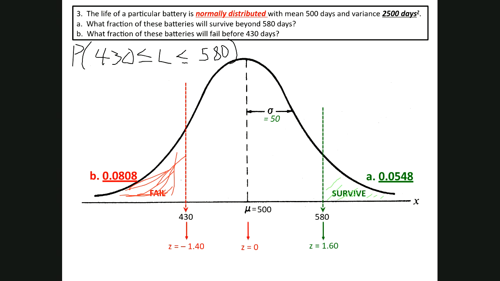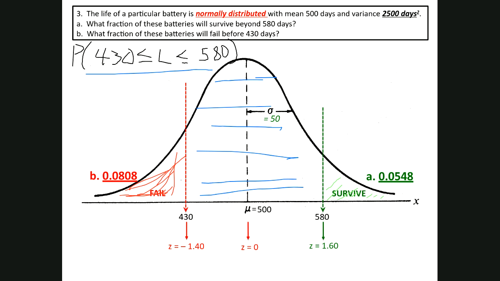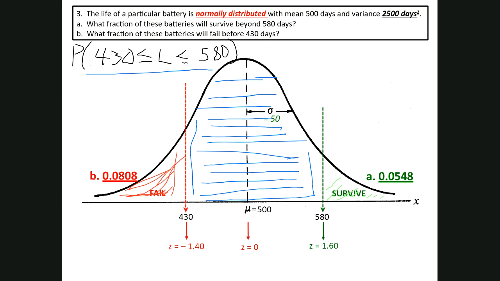If the lifetime is between 430 and 580 days, then that probability is everything between these two points. You've already done all of this work, because it's all of this area between these two points. So it's everything but the sum of those that fail before and those that live beyond.